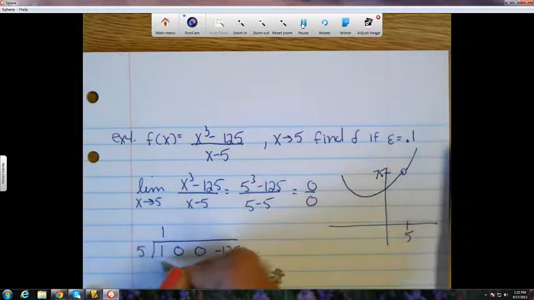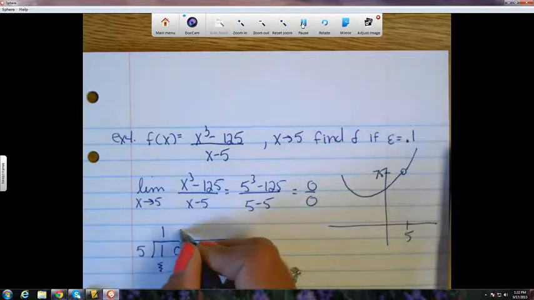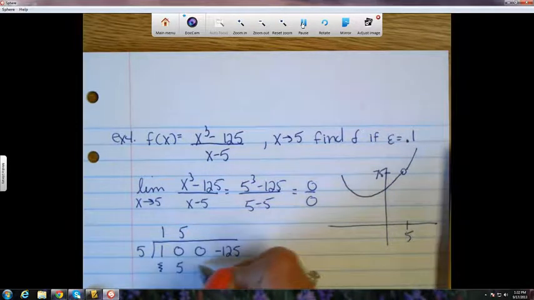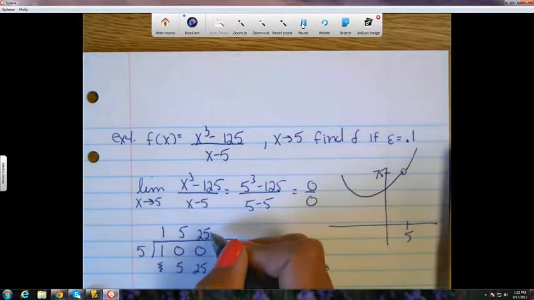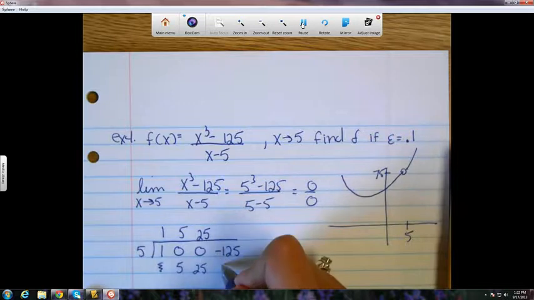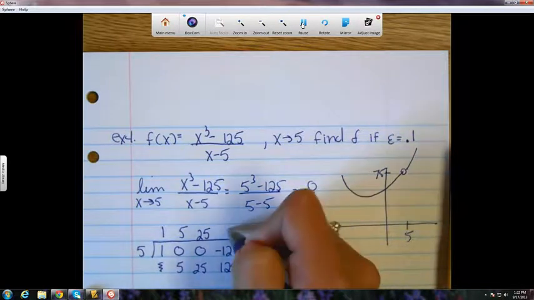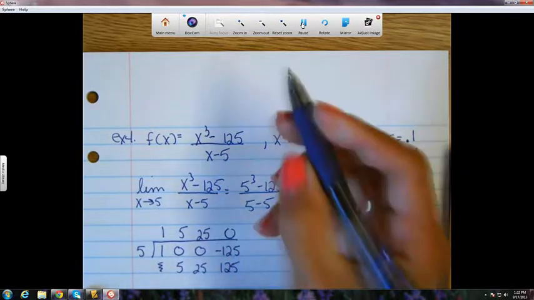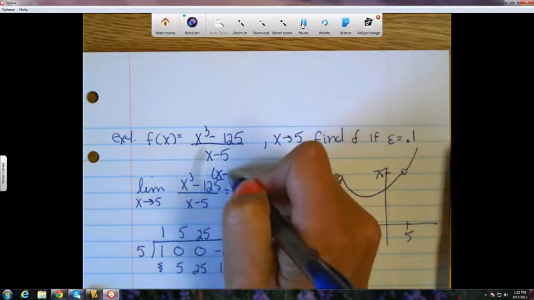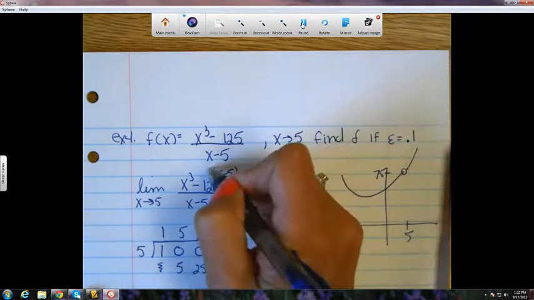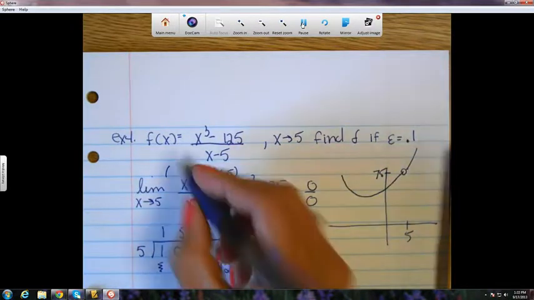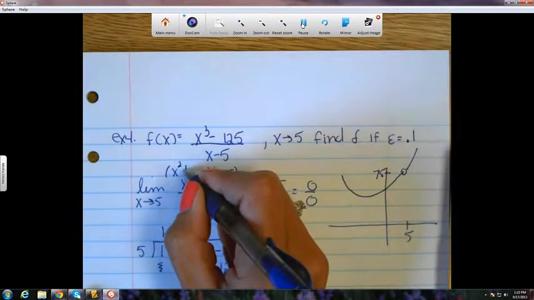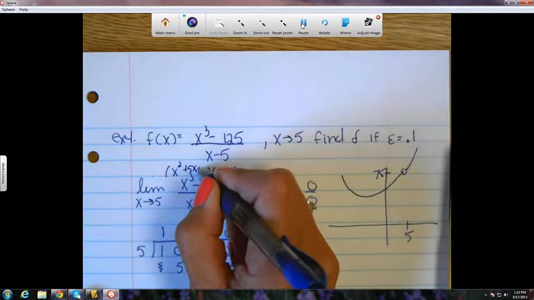Raise, multiplying you get 5, adding you get 5, multiplying 25, adding 25, that would be 125, which is good because that gives us 0. So we've got x minus 5 as a factor, and the other, remember, starts out x squared plus 5x plus 25.